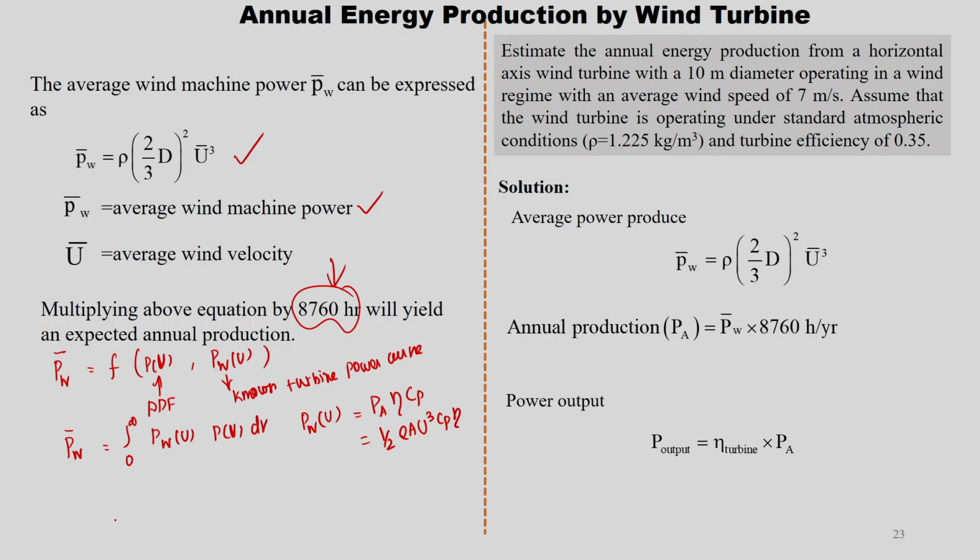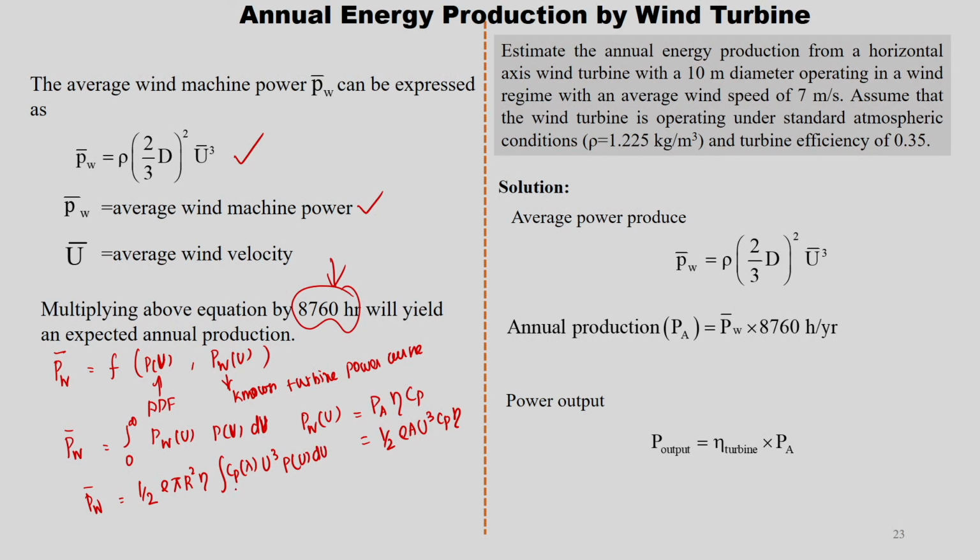If you substitute here in the P w bar, you can take out half rho a, which can be written as pi r square, and eta, and then C p of lambda, because as a function of lambda I have already given you the correlation formulas. Then u cube and P of u du.